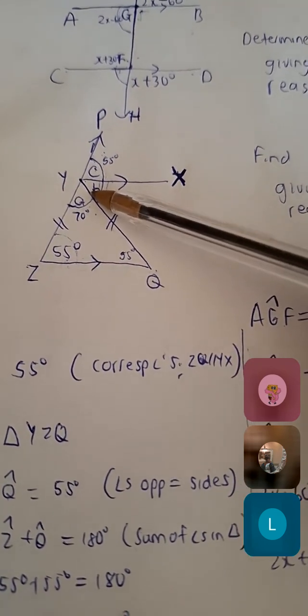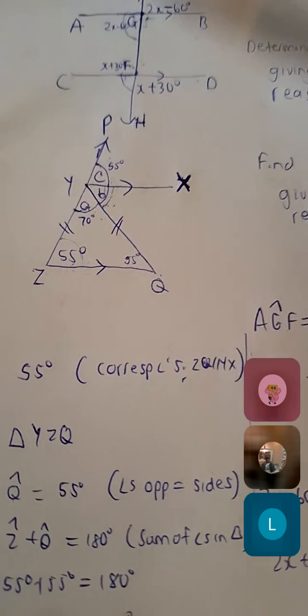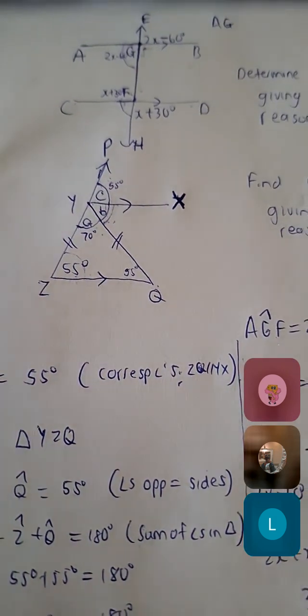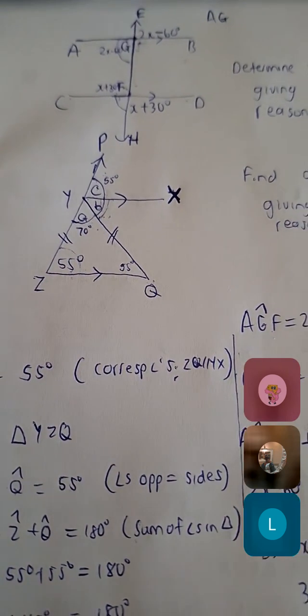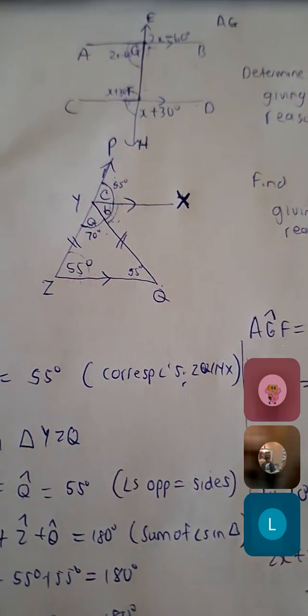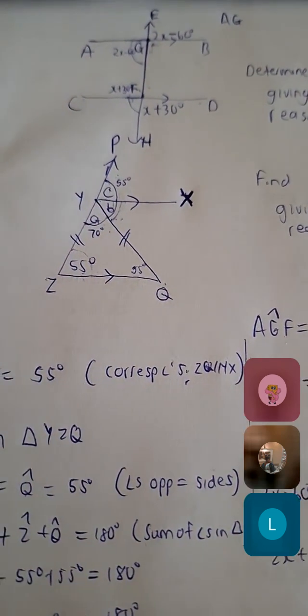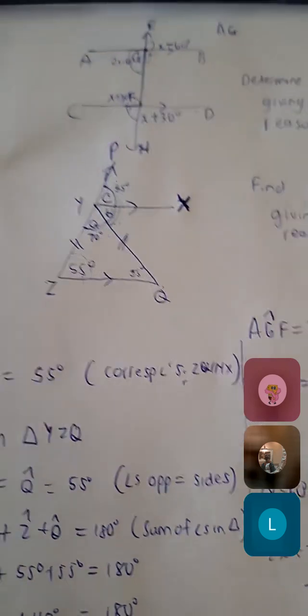B is equal to 55. So it all depends on what you see, but what you see must be in the theorems of geometry that we have established in the grades that we have done.